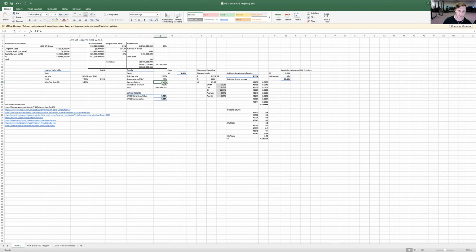So I got that number directly from the same numbers I had earlier. This is from our beta average return, and then divided it by 5 in order to get this return. And then I subtracted the risk-free rate to get your market risk premium. So that's how I got that number. And then you put that in your CAPM model to get your return, and this is our Rs for that. You can see that's the formula from CAPM.